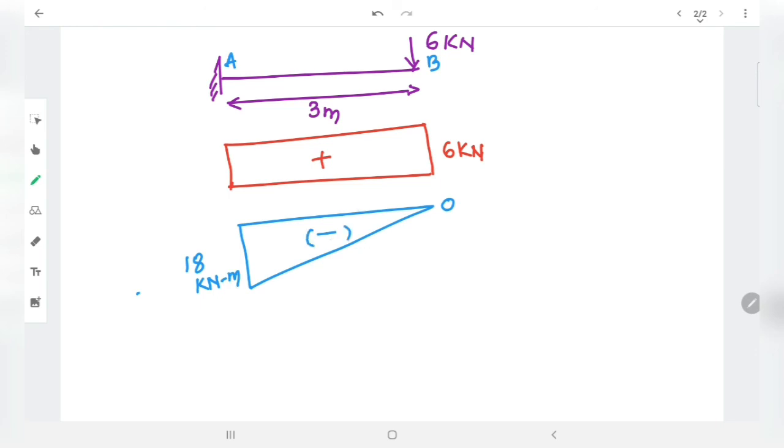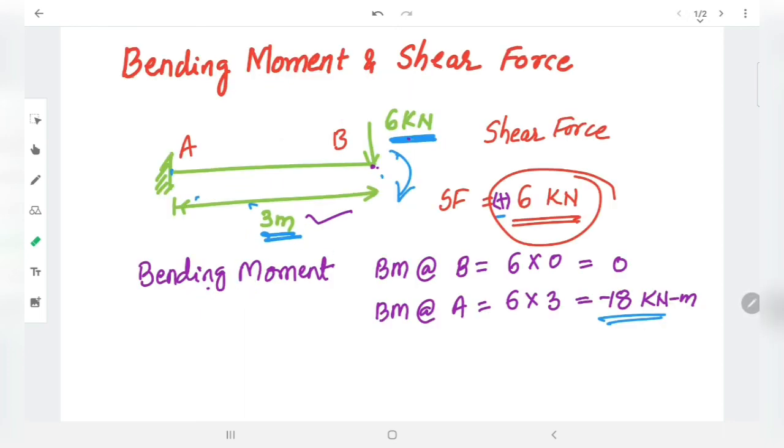So this is with the negative sign, and the shear force is with the positive sign as per our sign convention. It may change, it depends. Whether you take positive or negative, it is left to you, but you need to follow one procedure for all the problems which we solve. So this will be the first part of the analysis of beam, or finding bending moment and shear force for a cantilever beam subjected to point load.